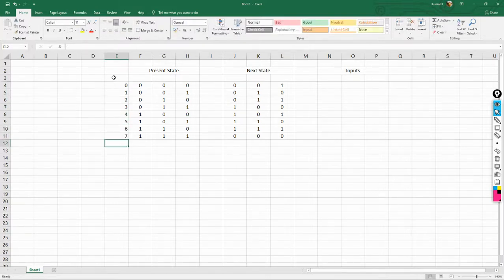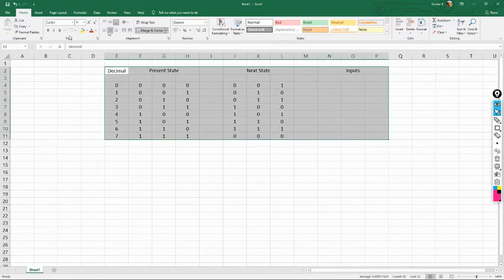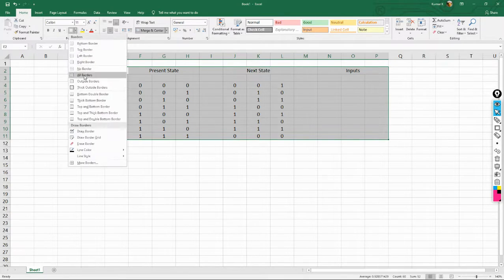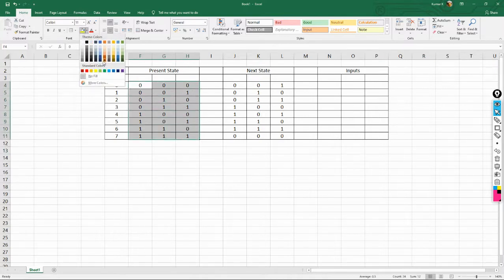0, 1, 2, 3, 4, 5, 6, 7. So this is your decimal number. Now this 00 becomes, this is your current state, and this is going to be your next state.